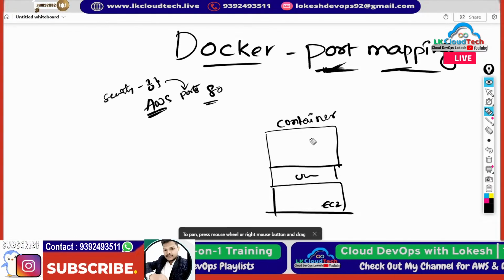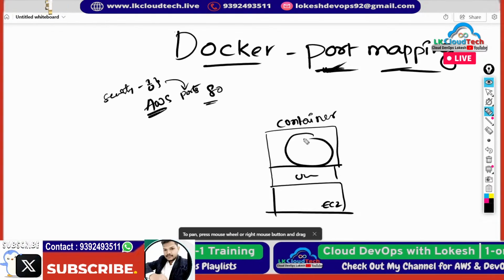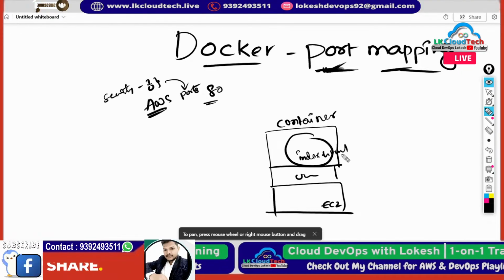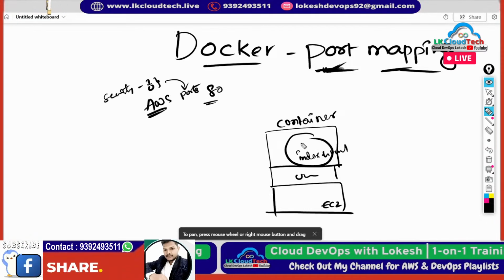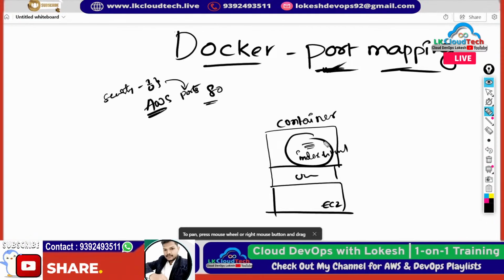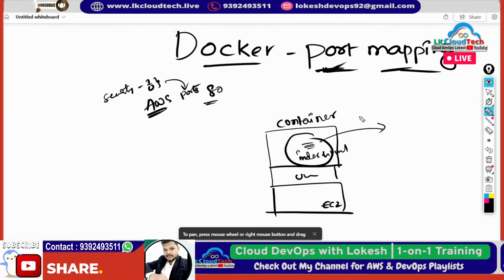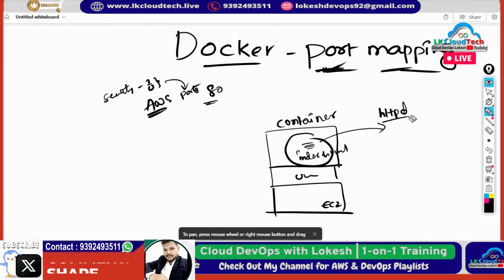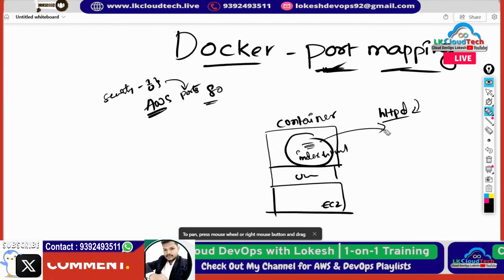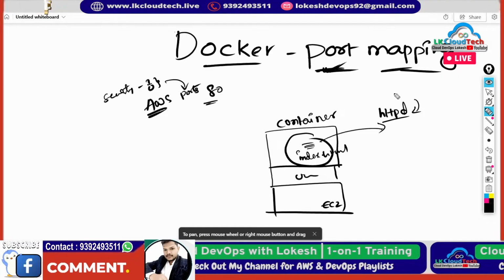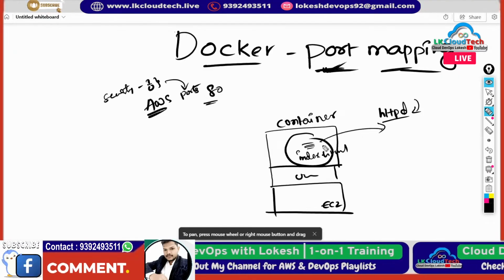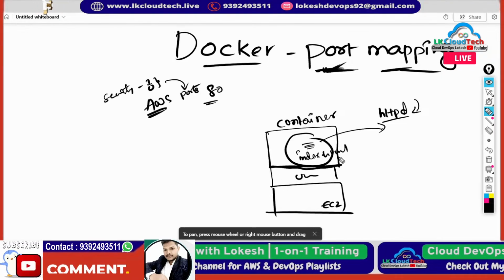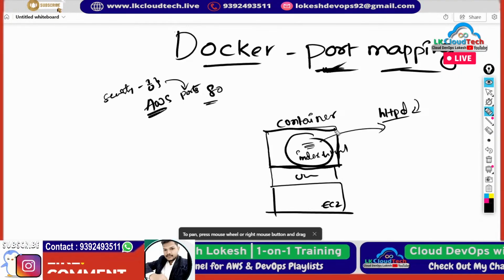In this container, I'm going to keep one index.html file, and I'll keep some content inside it. You may have seen the HTTPD package in Linux or somewhere, right? Like that, we will see inside the container itself how applications work, and how we have to connect with the container.